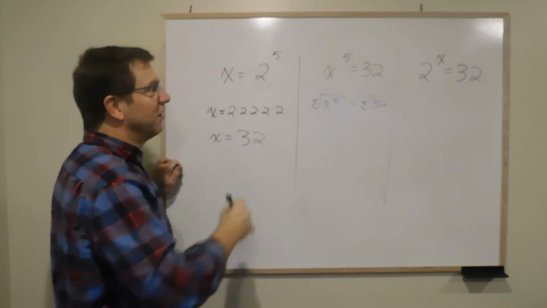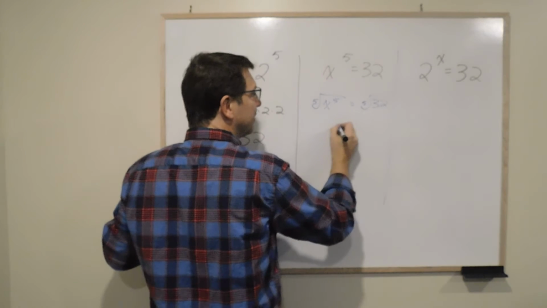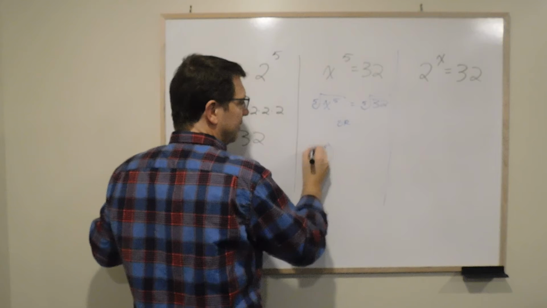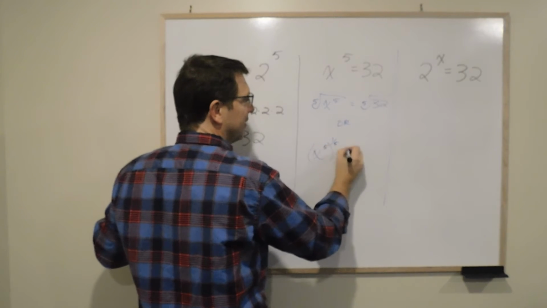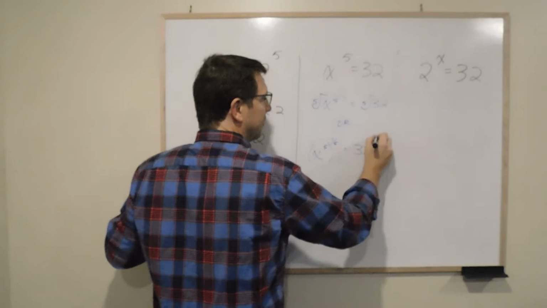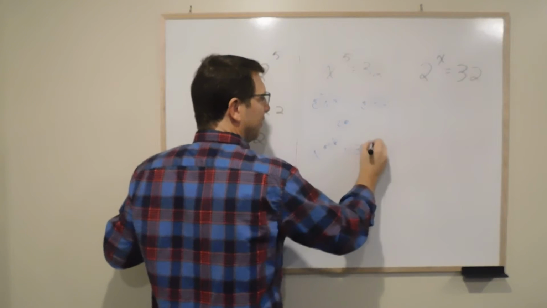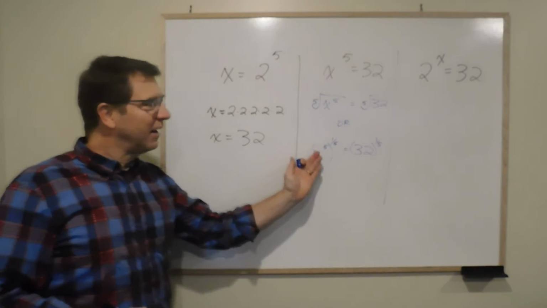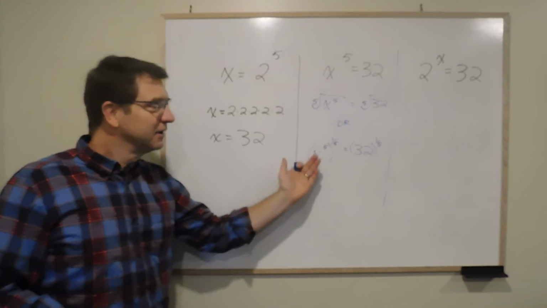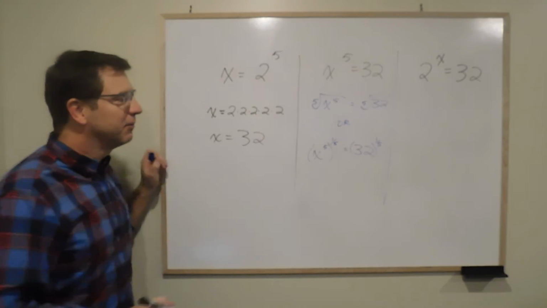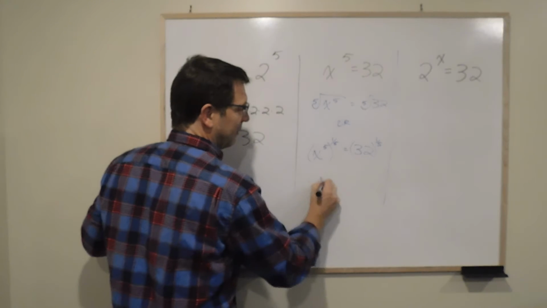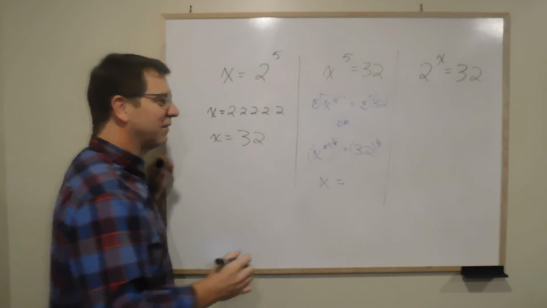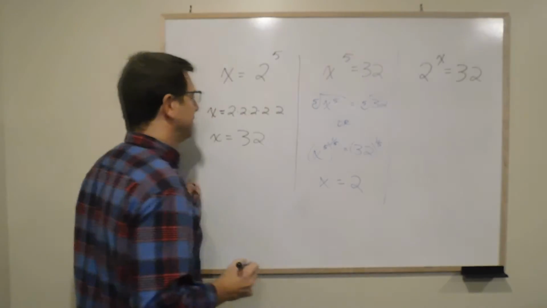You could do that, or you could say x to the 5th to the 1/5 equals 32 to the 1/5, right? And then you could multiply the exponents. Remember, I could do this on both sides. Take the 1/5 of both sides. Multiply the exponents. 5 times 1/5 gives me x to the 1. And if you take your calculator, 32 to the 1/5 is 2, right?